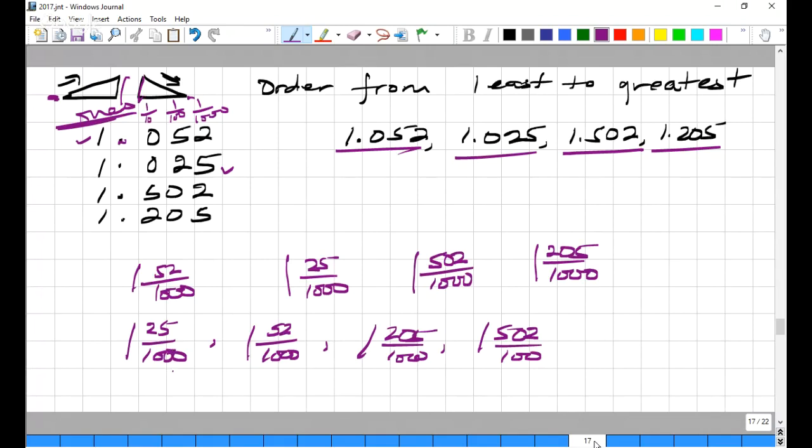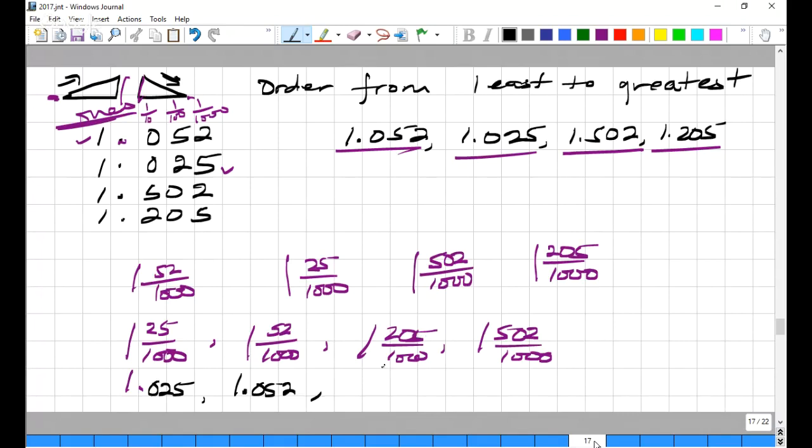So this 1 and 25 over 1,000 is the same as 1.025. And 1 and 52 over 1,000 is the same as 1.052.